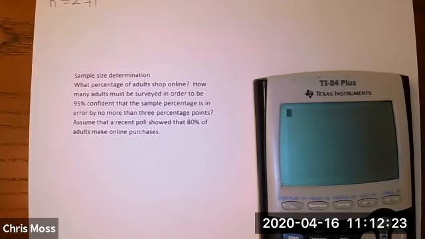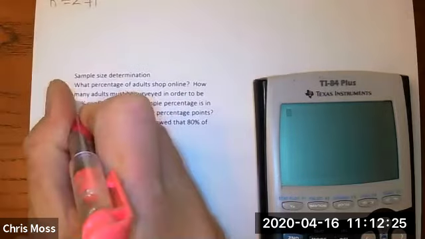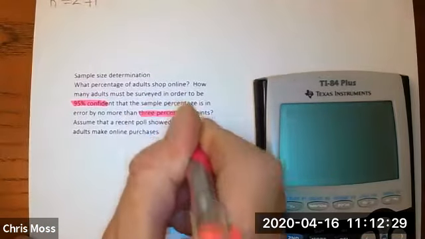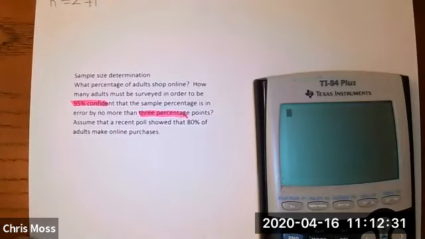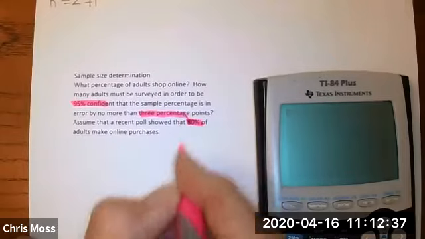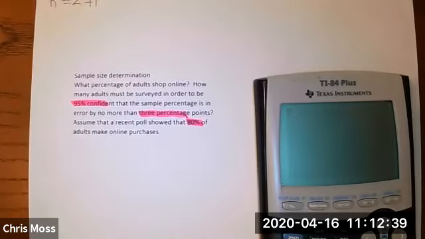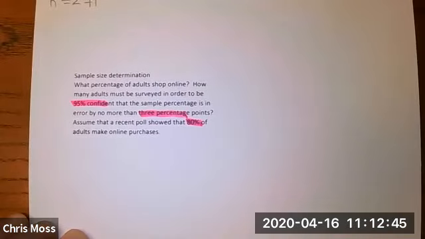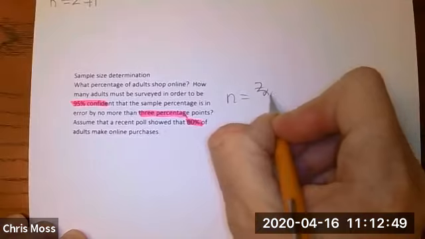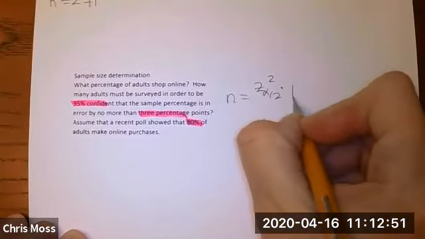So my level of confidence will give me my Z alpha over 2. 3 percentage points, that's my margin of error. That's 0.03, and we'll note all this. Now, I do have some data, P and Q. I'll remember that when I have detail on P and Q, I'll use a different formula.